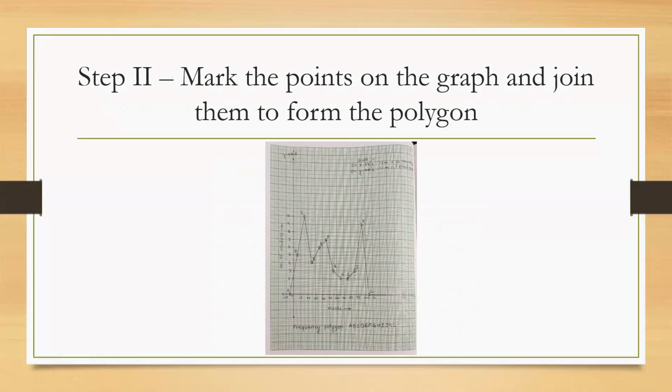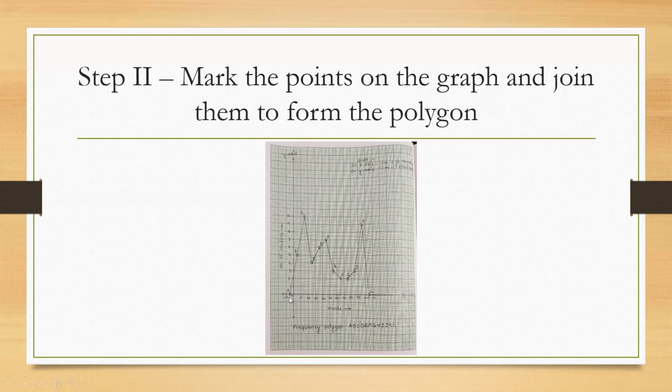Here you can see that along the x-axis, the scale is 1 centimeter corresponding to 10 marks, whereas along the y-axis, it is 1 centimeter corresponding to 1 student. The first point that we mark is point A, whose x coordinate is -5.